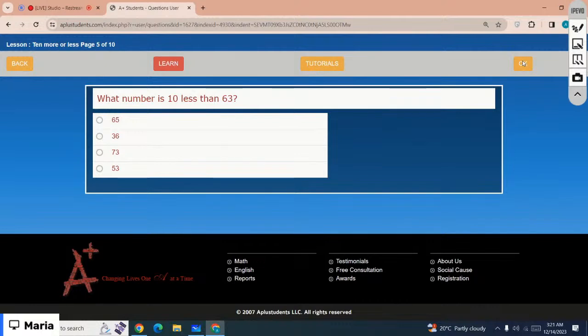Yes, 10 less than 63 equals 53. Very good. The correct option is 53.